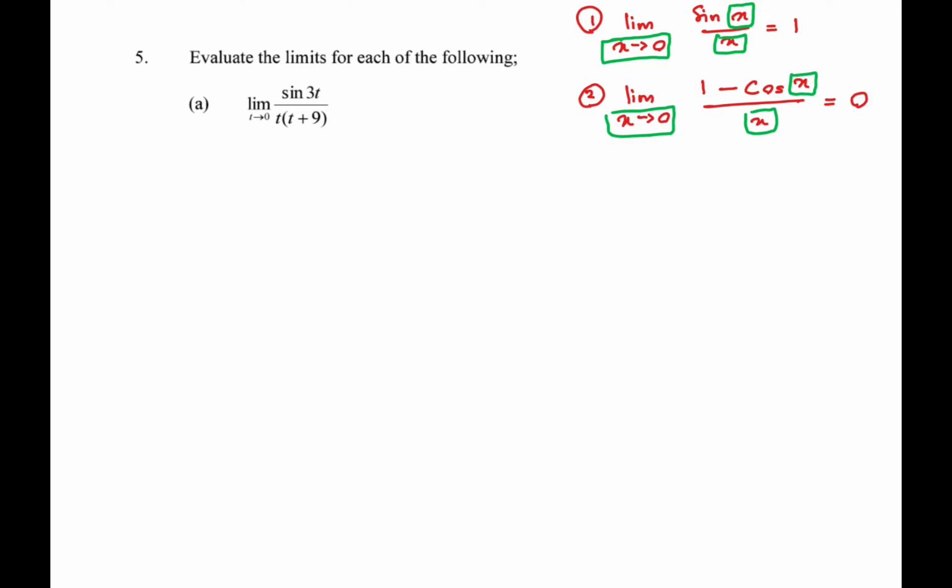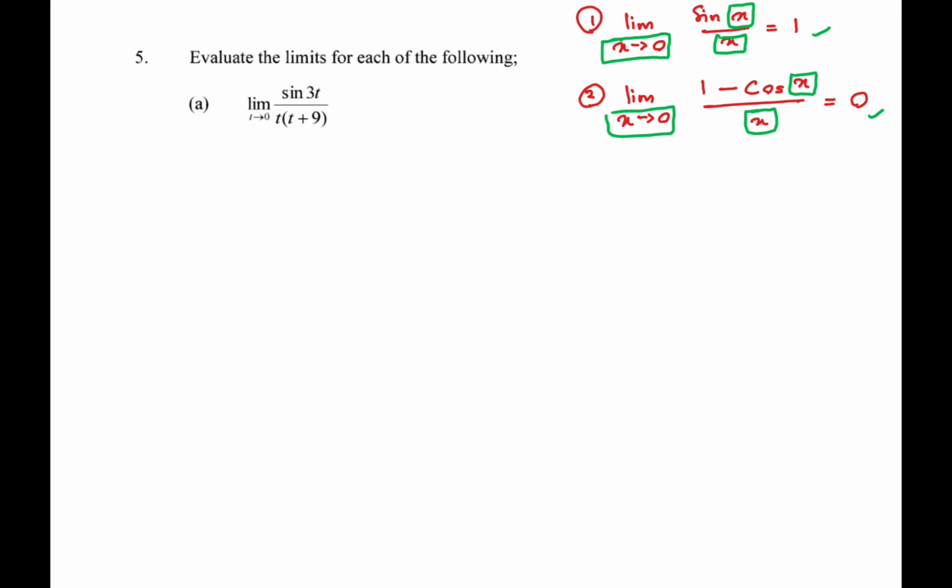If your angle is x, make sure your denominator is x. If your angle is 2x, make sure your denominator equals 2x. If the angle and denominator are equal, then we can get either 1 or 0.